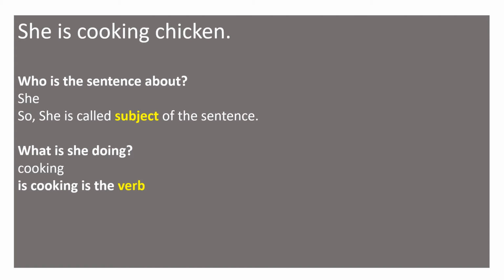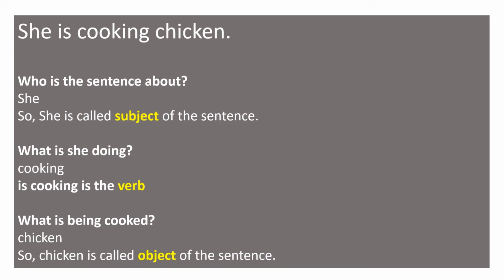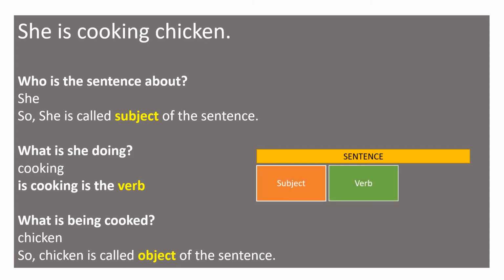And what is being cooked? Yes, you're right, chicken. So here it is the object of the sentence. So from these two examples, what we have learned is every sentence has three parts, mainly subject, verb, and object.